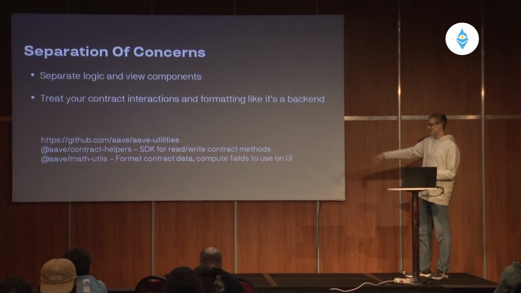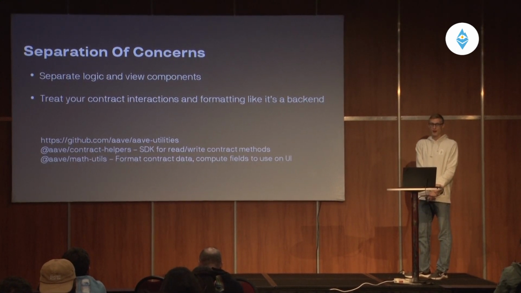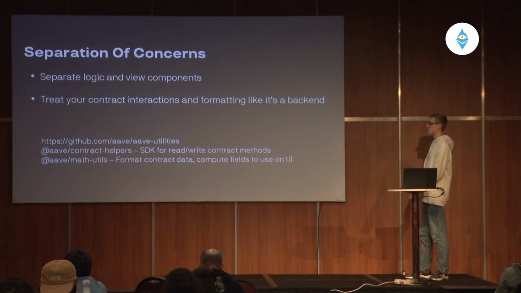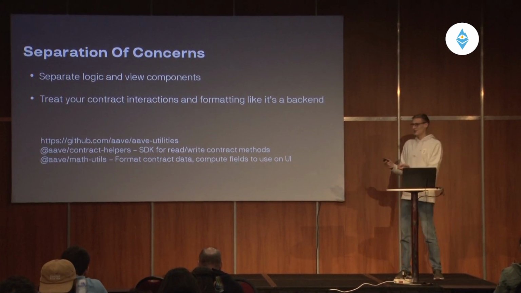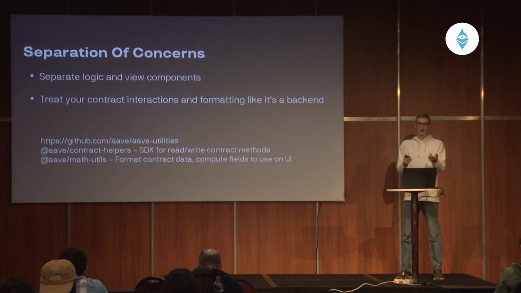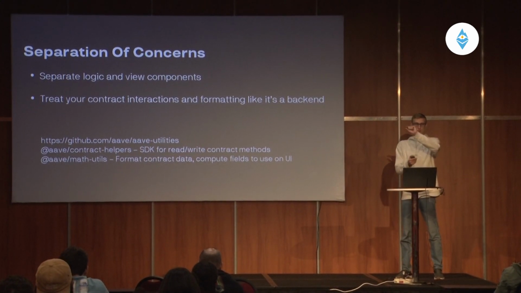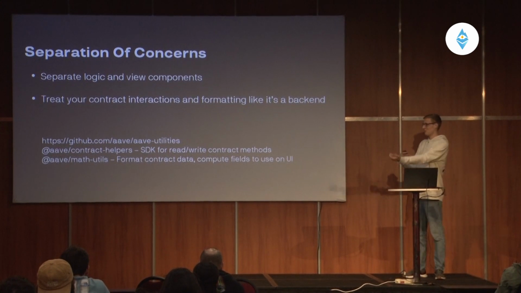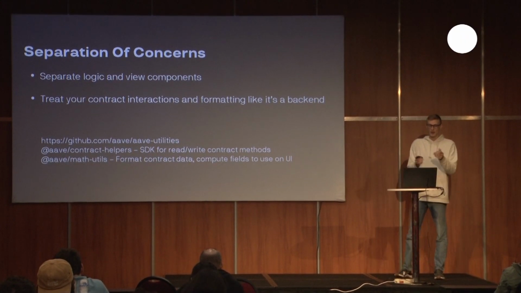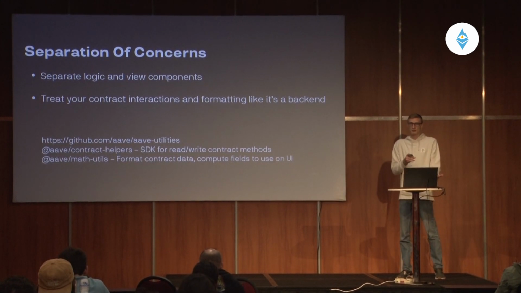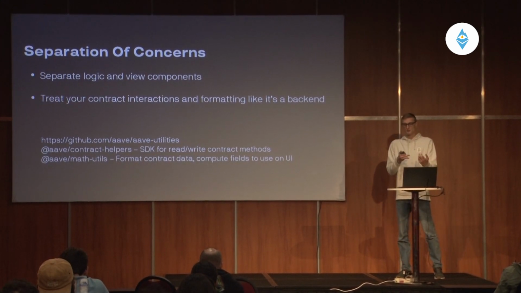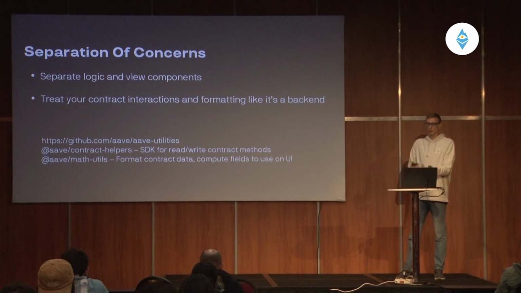And a lot of times this last part, computing fields on the UI, is probably where the separation of concerns comes in the most. Say, for example, you have a contract where you're querying an amount and a price, and then you want to do something with that information. You want to calculate, okay, based on these amounts and prices, I want to show the user a certain piece of information, or I want to allow them to build a transaction like a borrow or a withdraw.